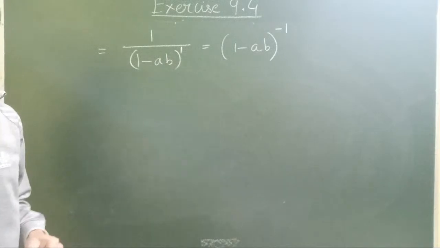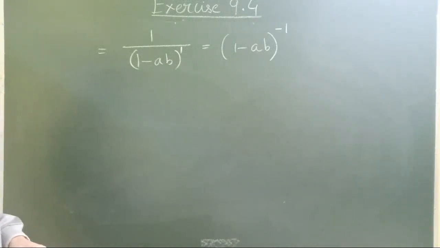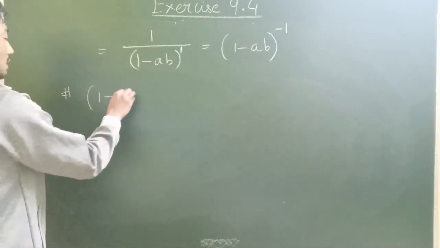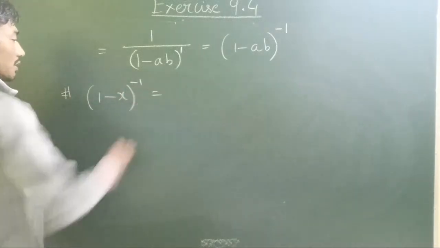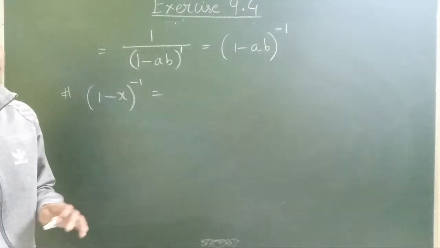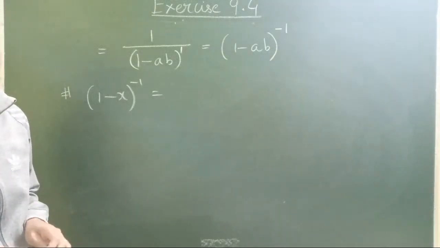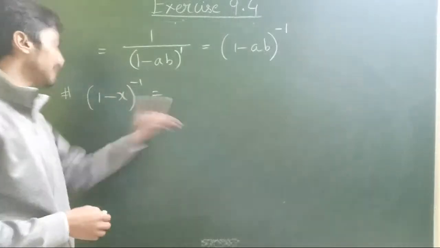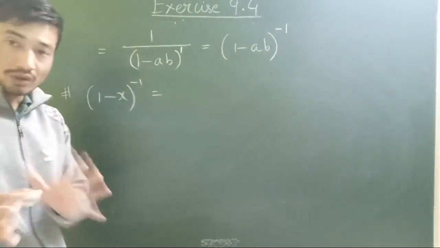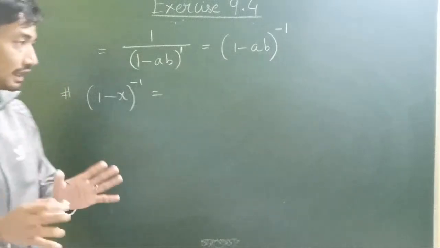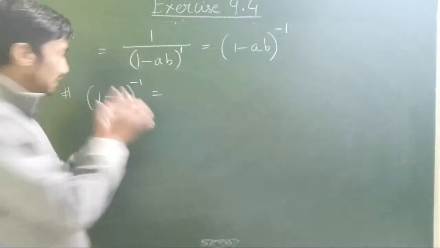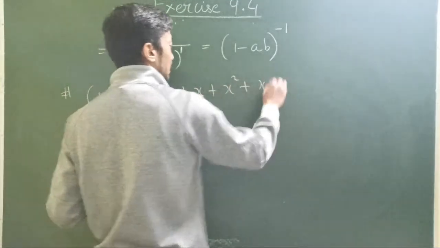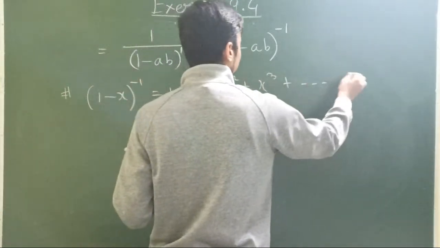So now as per the binomial theorem, for this expansion we have, you can keep a note of this, that's 1 minus x whole power minus 1. Maybe in physics and chemistry, in some topics you must have come across this. This expansion from the concept of binomial theorem is nothing but 1 plus x plus x squared plus x cubed plus dot dot dot up to infinity.